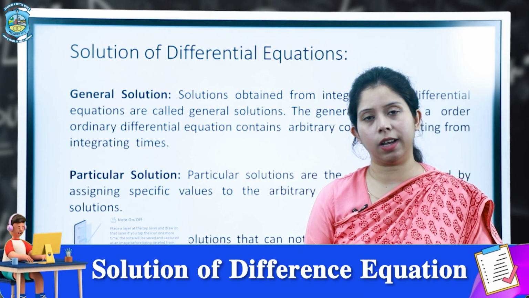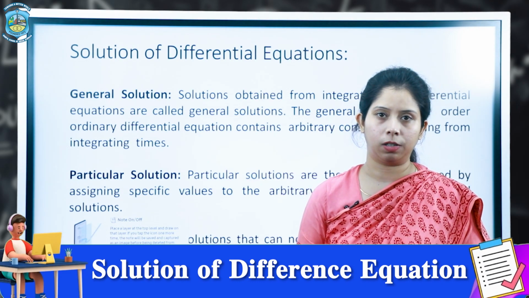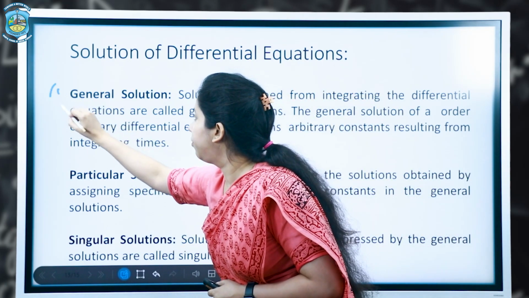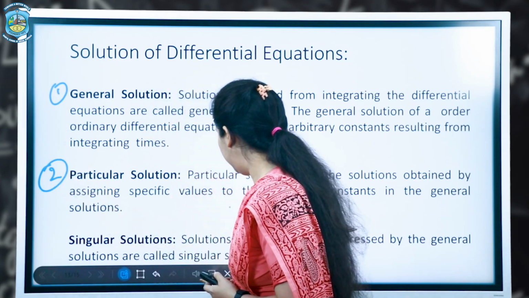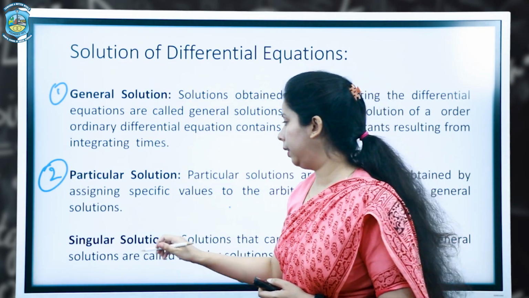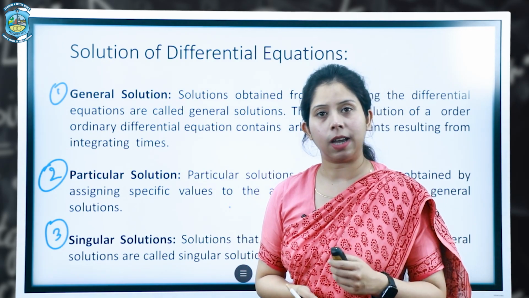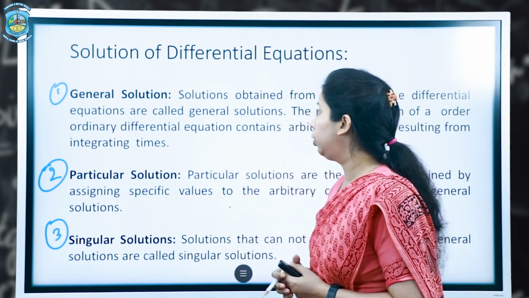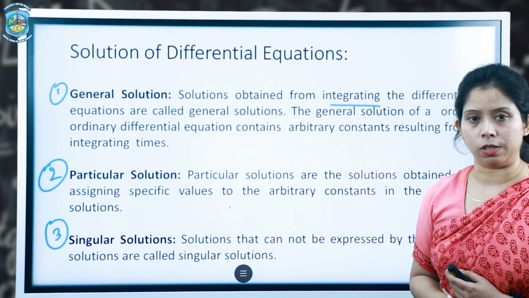Now the next question is, what is the solution of these differential equations? So solutions are categorized into three. The first one is the general solution, the second one is the particular solution, and the third one is the singular solution. So let us understand this one by one. General solutions are those solutions obtained from integrating the differential equations.